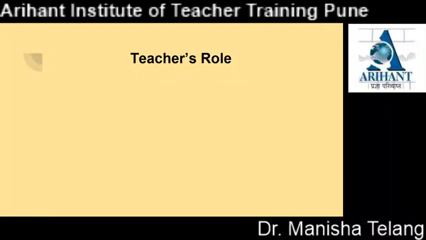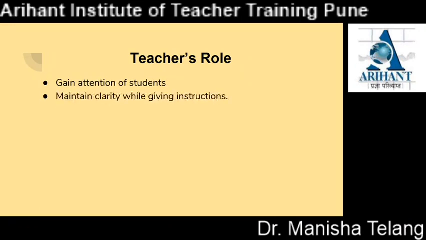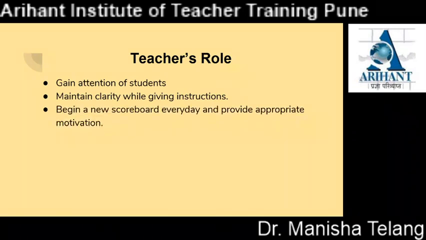Now, what is the role of the teacher in this whole brain approach? These are the whole 7 steps, and in these 7 steps, what is the role of the teacher? First, gain attention of students. Maintain clarity while giving instruction.